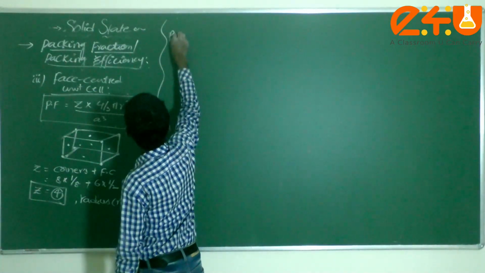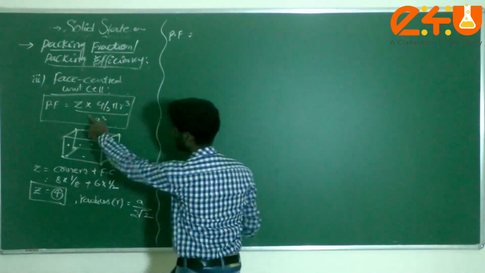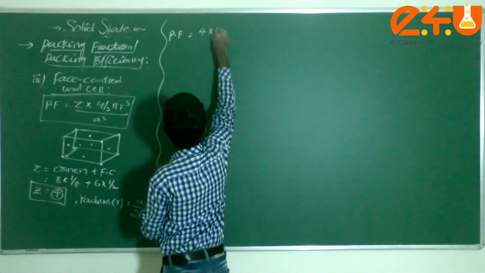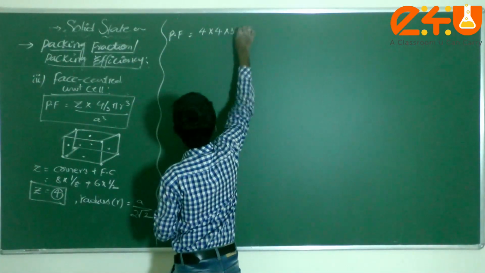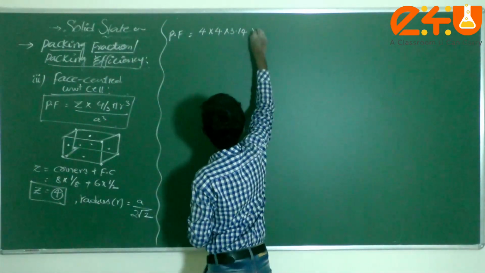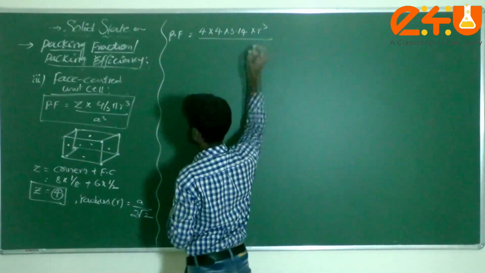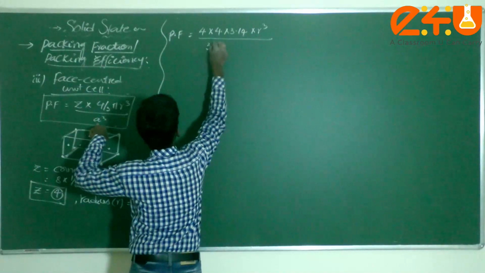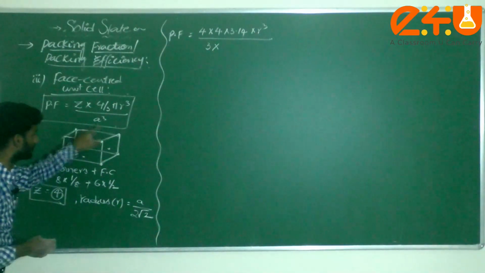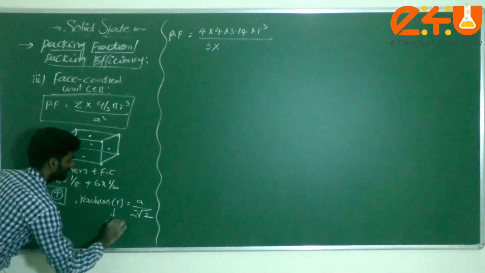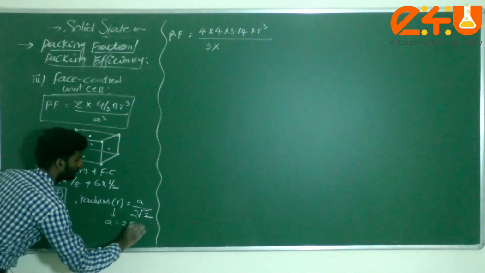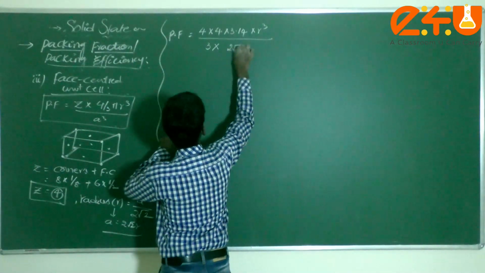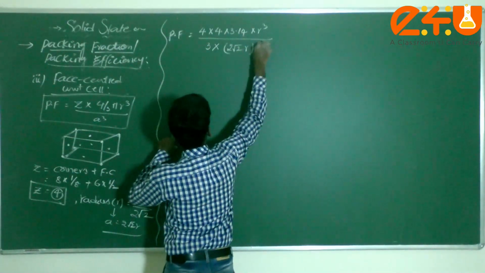The packing fraction is equal to Z value, 4, into 4/3 pi r cube, that is 4 into 3.14 into r cube, divided by 3 into a cube. From there a is equal to 2 root 2 into r, or not? So a cube is 2 root 2 into r whole cube.